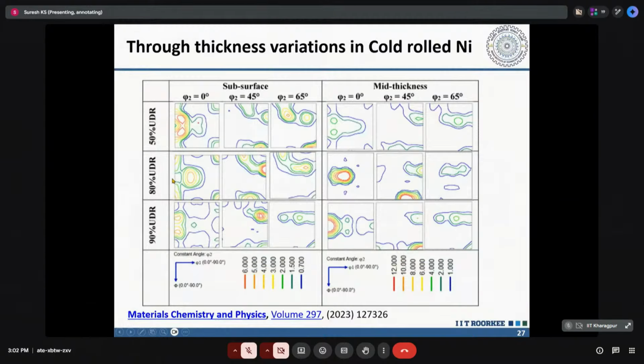In the same way, one can also look at how things are changing at smaller thickness reductions as well.